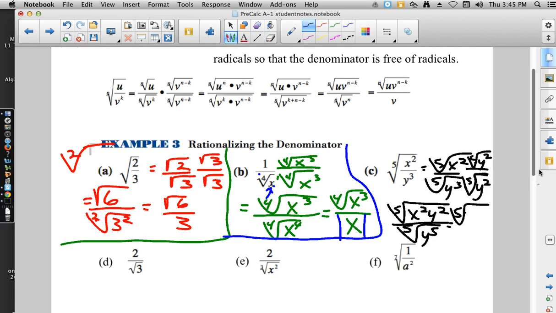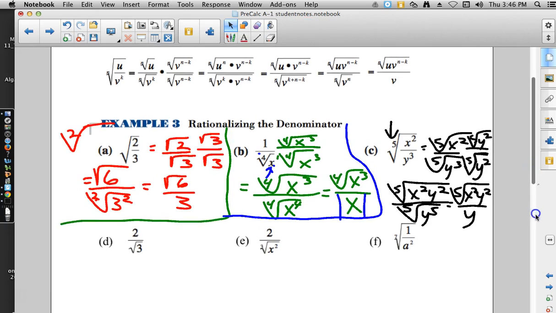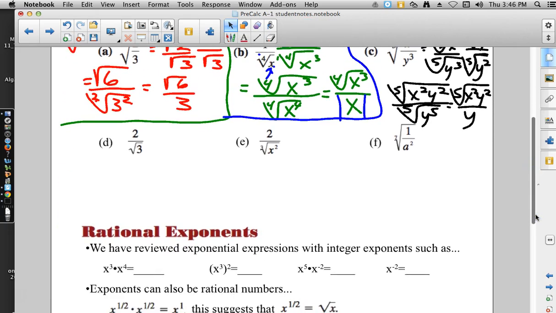So I leave my numerator, as nasty as it is, as the fifth root of x squared y squared, but my denominator is y. And I don't bother thinking my way through whether or not I need absolute value bars because this is an odd index. So odd index, we don't need to worry about that at all. It's just with even indices that we have to think about whether or not we need absolute value bars.